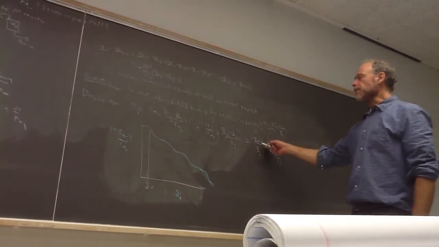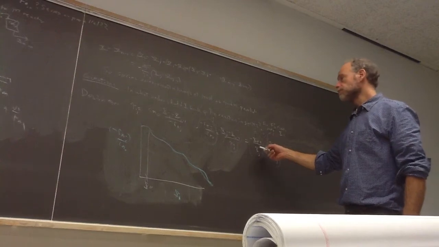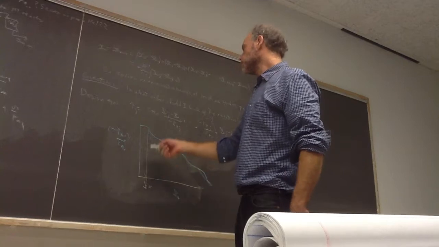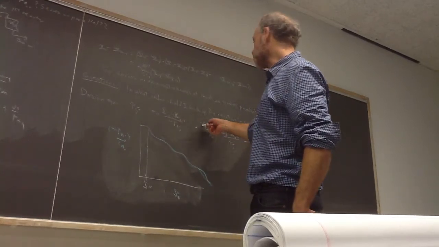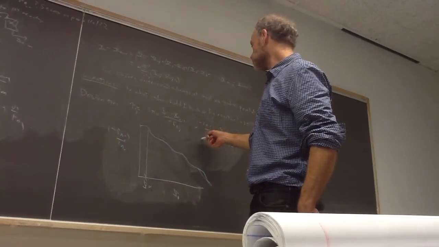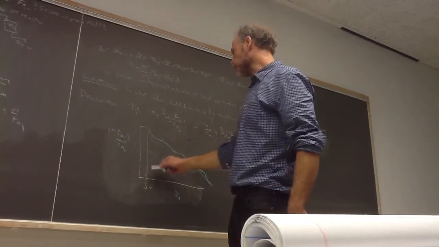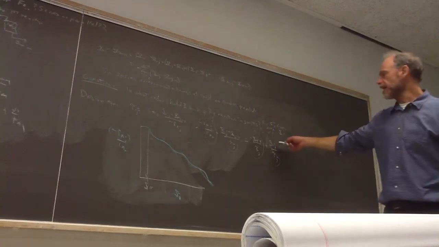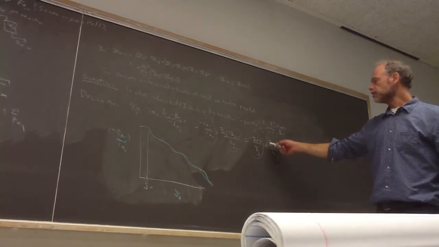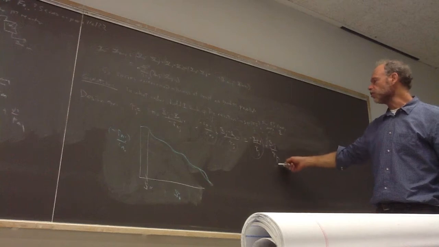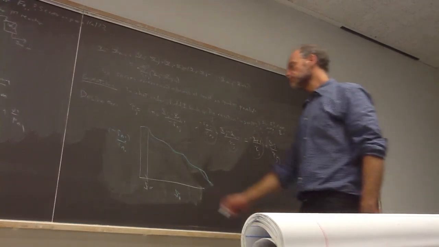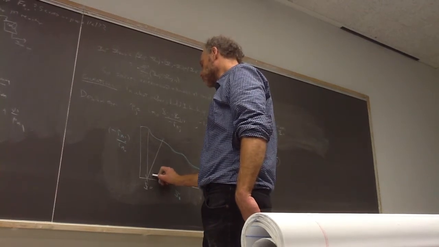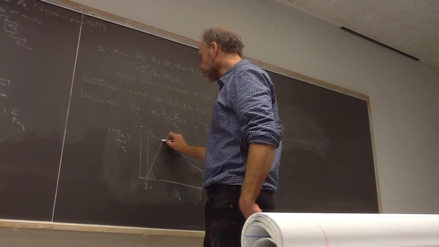So if I know xj minus 1, and at xj minus 1 I know what minus raj is, then if I start here, in order to find xj, I just move along a line that has a slope 1 over tau j, over tau 1, until I hit the curve.